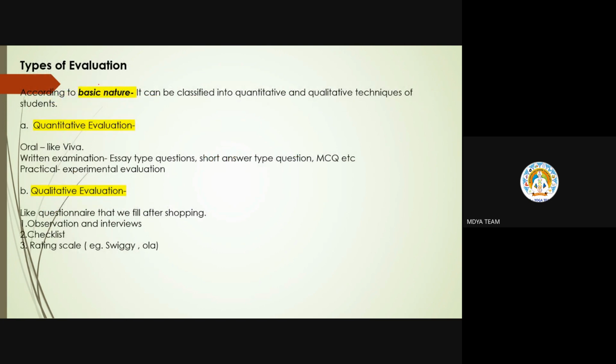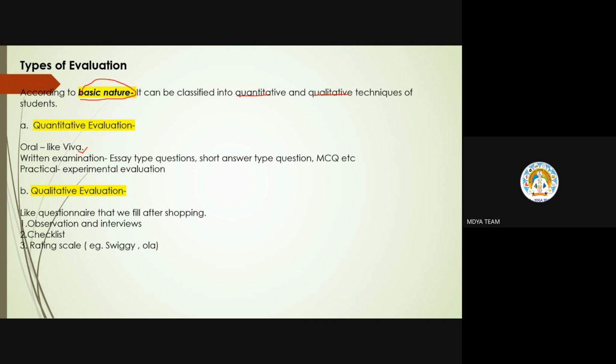On the basis of nature, this classification can be made into quantitative and qualitative. Quantitative: oral, written, and practical. In oral, like viva, you all have been through this viva thing.